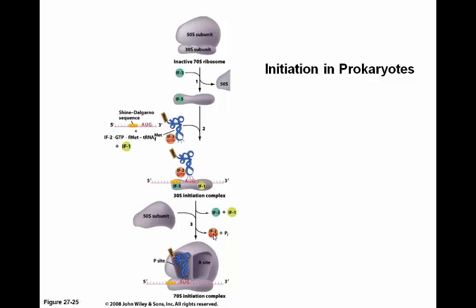So the process of making our initiation complex hydrolyzes GTP. The tRNA resides in what's called the P site, which means peptidyl site. This is the A site, which is going to accept another aminoacyl tRNA, and it will bind to its triplet code, and then we'll start peptide bond formation. So that's initiation in prokaryotes.